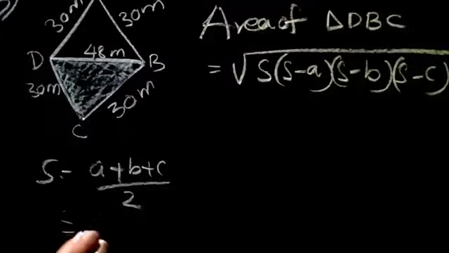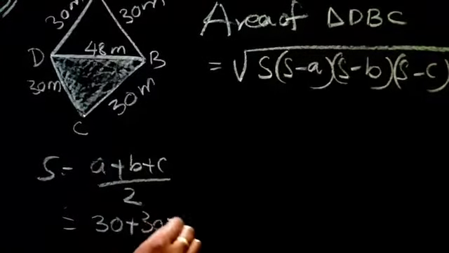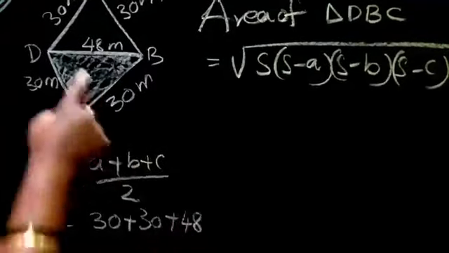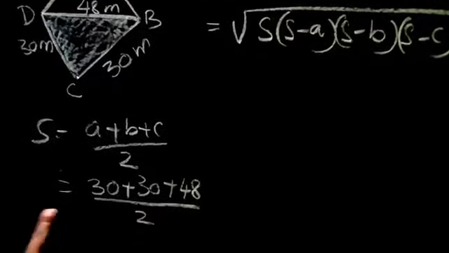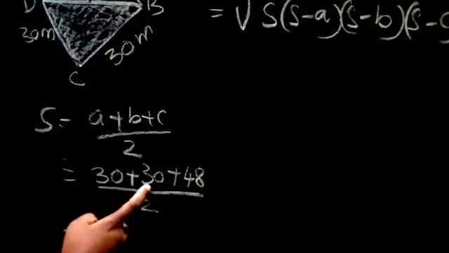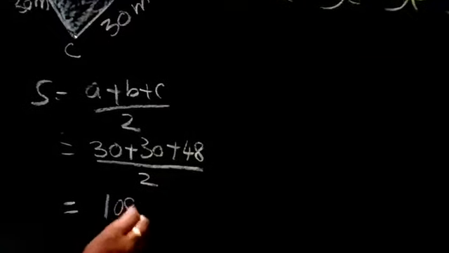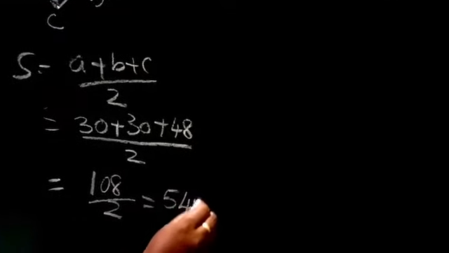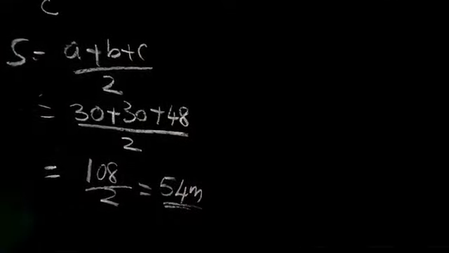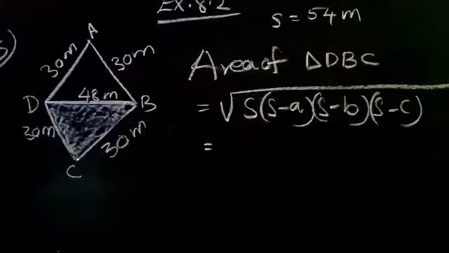A is 30, B is also 30, plus 48 is C, divided by 2. 60 plus 48 is 108, divided by 2. So we get 54 meters for the S value.